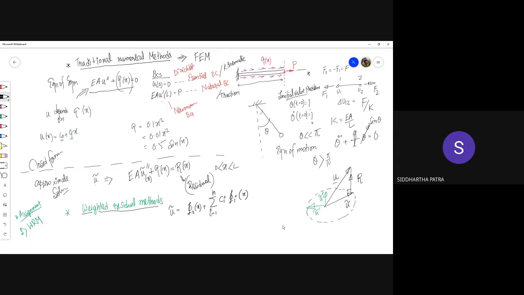This phi 0 and phi i's are functions of x. They could be polynomial, they could be sinusoidal function or any other function. But here we are trying to get approximate solutions. These phi i's are called trial functions.